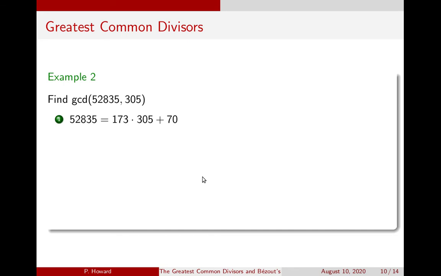So we are going to find the greatest common divisor of 52,835 and 305. So we divide the larger of the two numbers by the smaller, and we get a quotient of 173 and a remainder of 70.